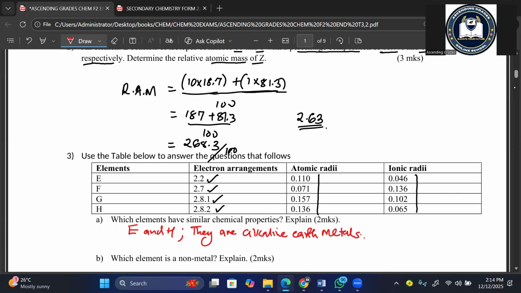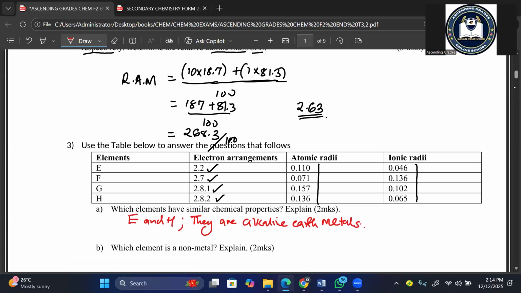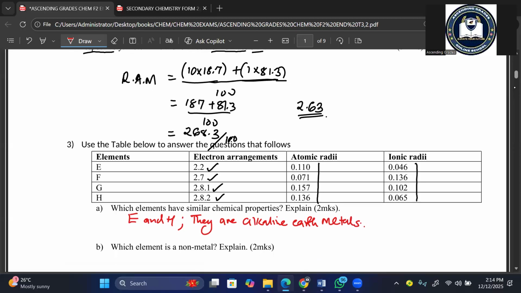B, which element is a non-metal? Then you are supposed to explain. So we consider the number of electrons in the outermost energy level.